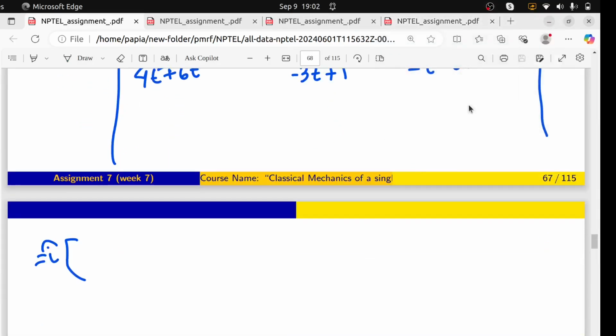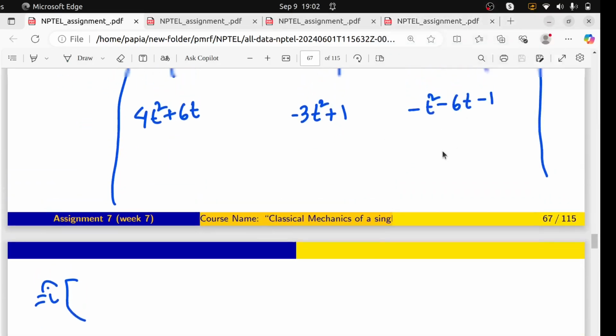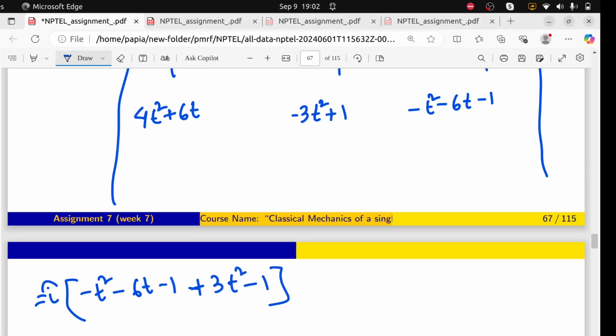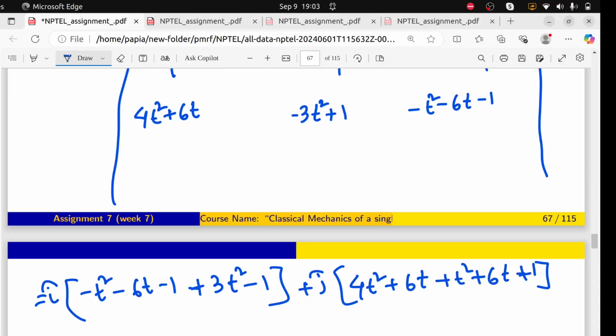So this will be simply, you can see, minus t square minus 6t minus 1, then minus, plus 3t square minus 1, plus j cap, 4t square plus 6t minus, plus t square plus 6t plus 1, plus k cap, minus 3t square plus 1, minus 4t square minus 6t. Okay, so this is the case.